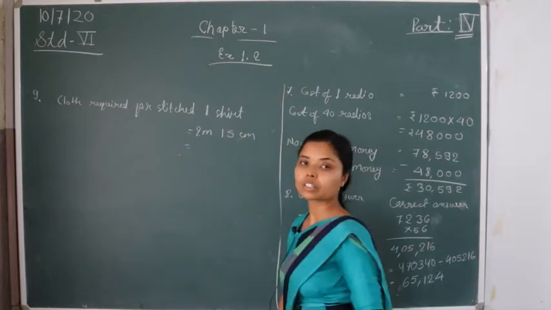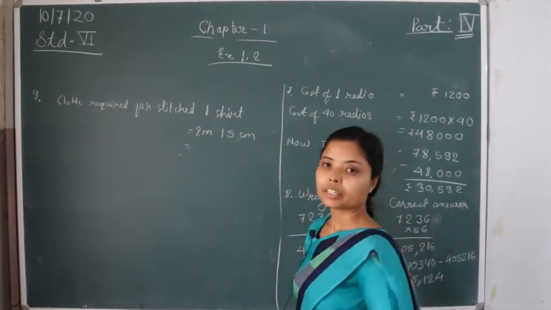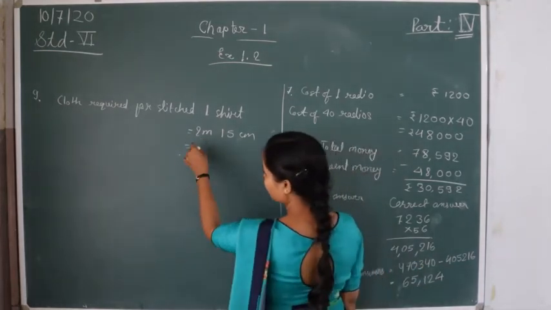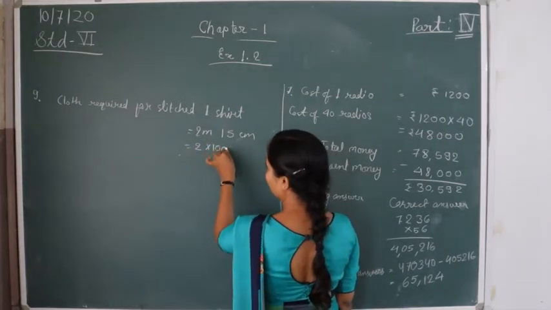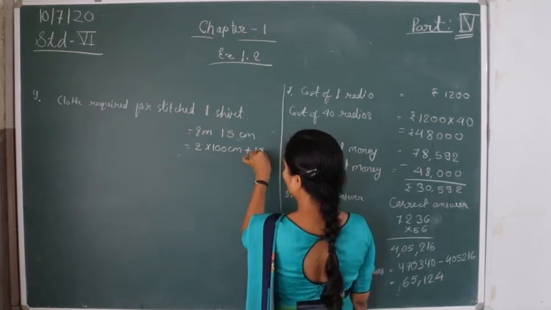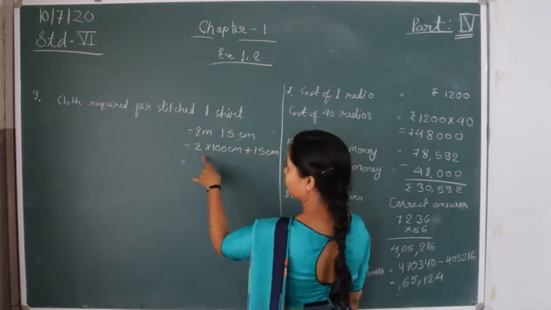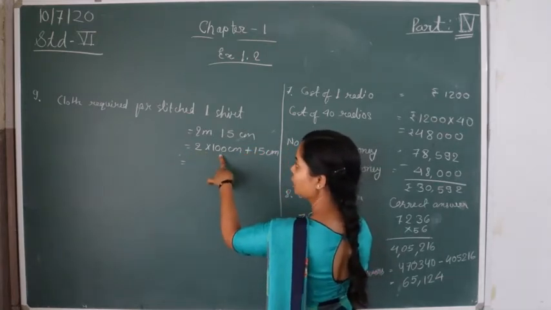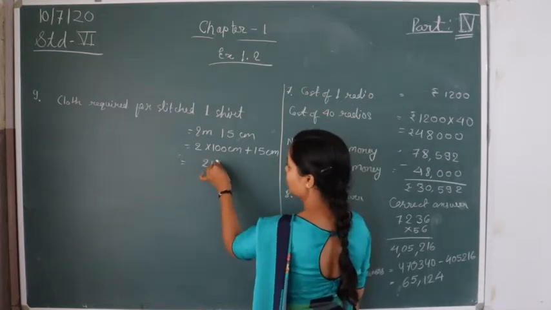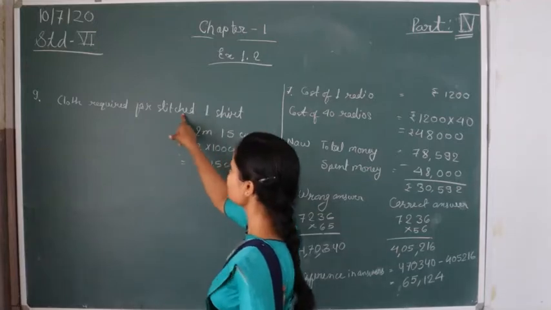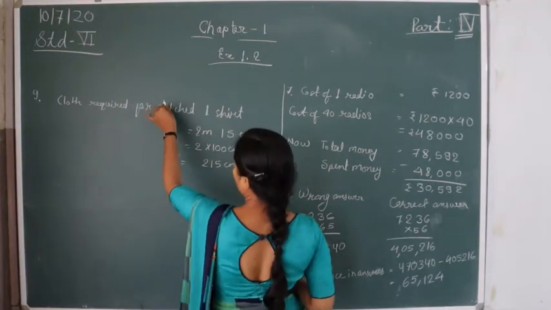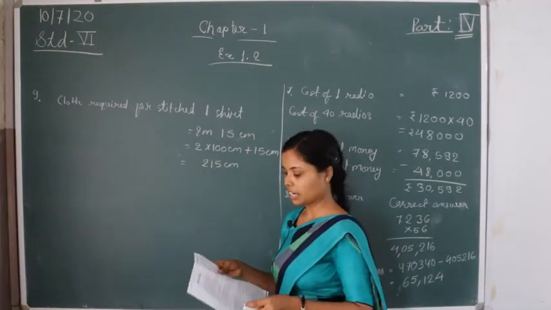So firstly we will convert fully into centimeter. I write here 2 meter, 1 meter is equal to 100 centimeter, plus 15 centimeter. When we solve this, it becomes 200 plus 15 equals 215 centimeter. So the cloth required to stitch a shirt is 215 centimeter.